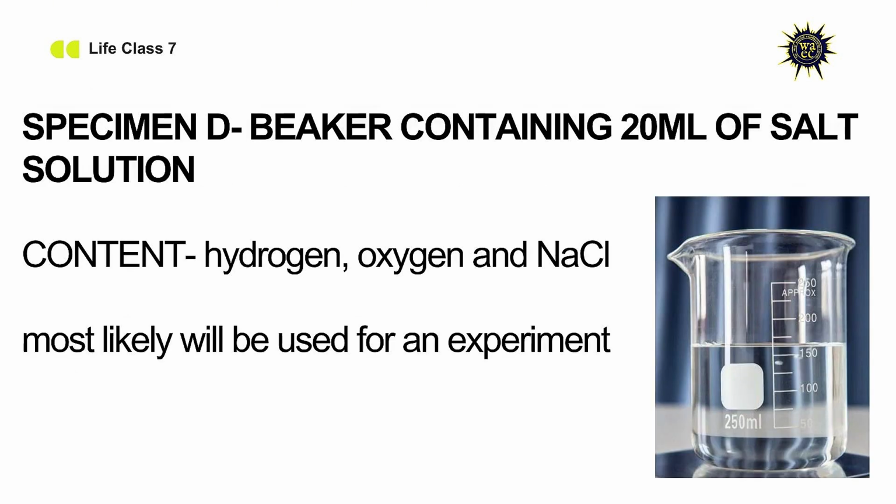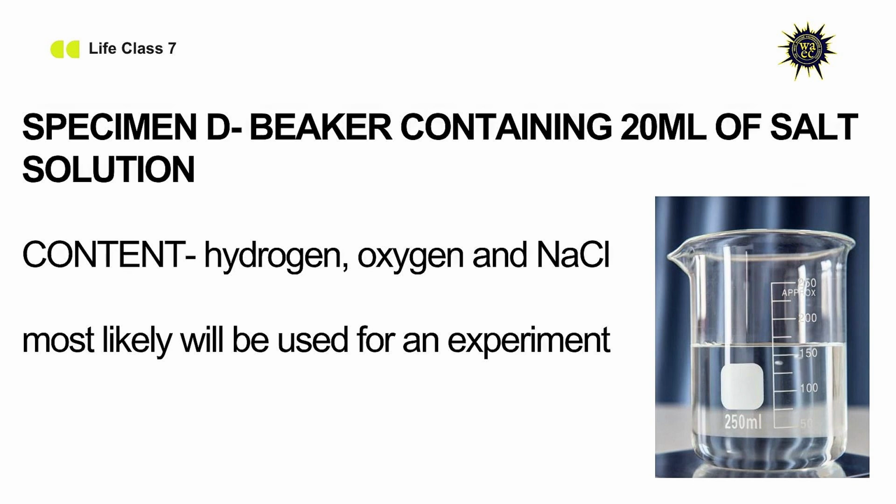Specimen D is a beaker containing 20 ml of salt solution. Before you go into your examination lab, there must have been a constituted solution of hydrogen, oxygen, and sodium chloride. So it will just be there, and it is mostly going to be involved in an experiment.